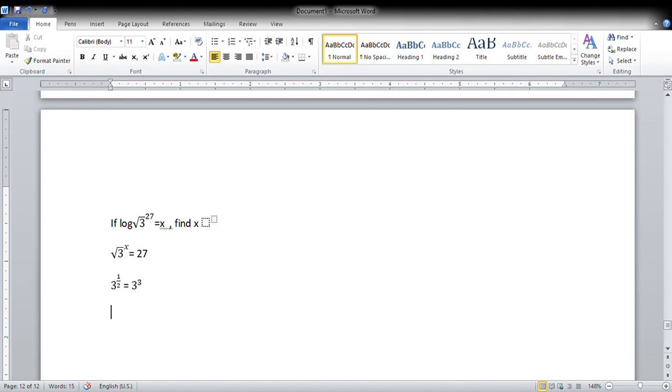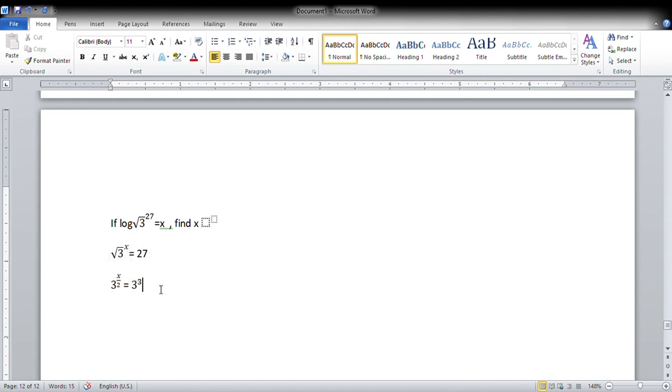So 1 by 2 multiplied by x, that is x by 2, is equal to 3.